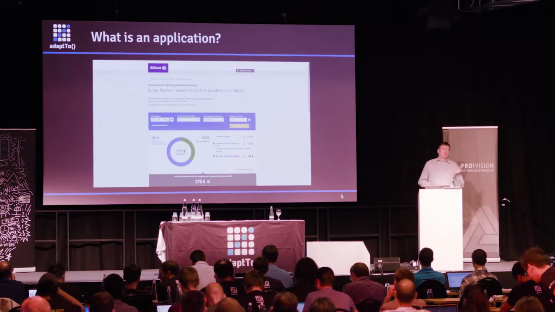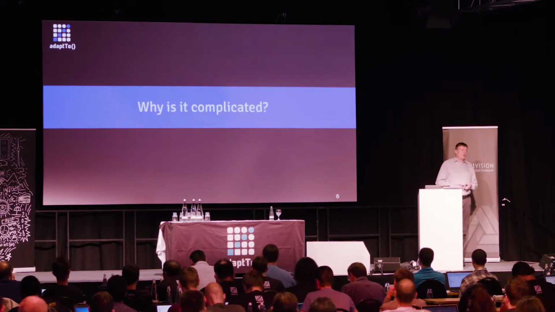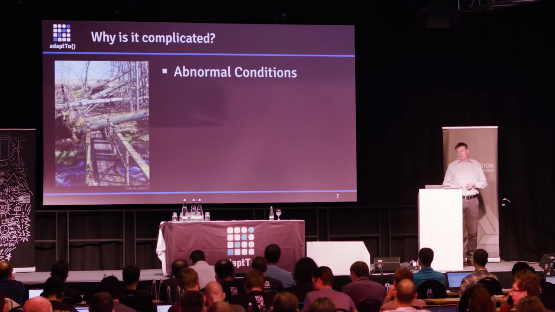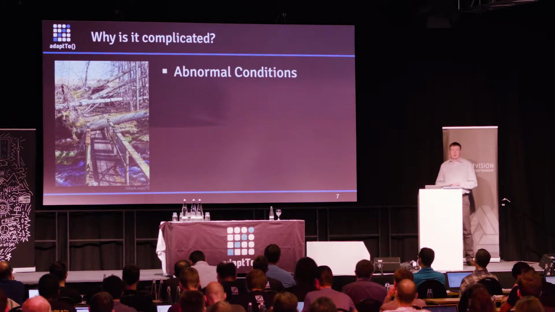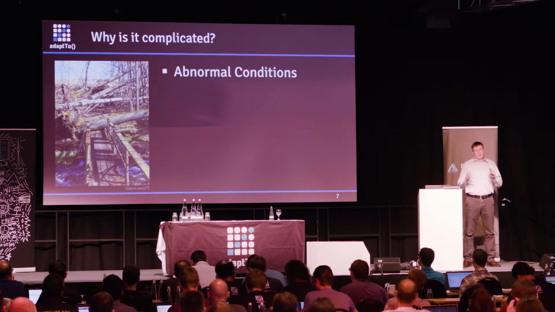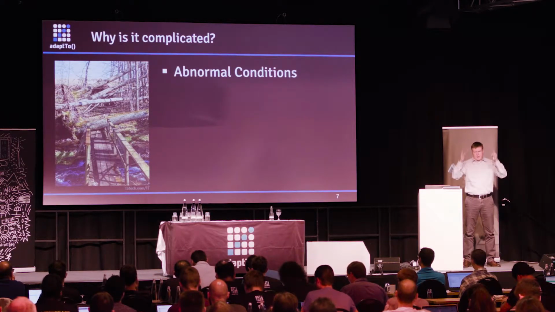The second question is why it is complicated. So why do we have a talk about that? The first thing that makes it complicated is abnormal situations. People usually start with a smooth running production environment in mind. They say, oh, we do it that way and it will work fine. What happens if it doesn't work? We have a cluster of publishers for reasons.